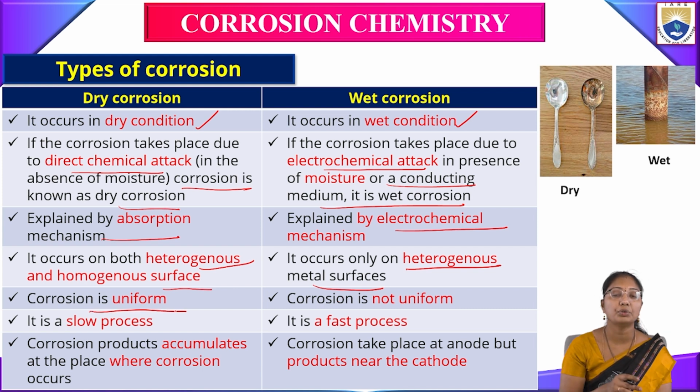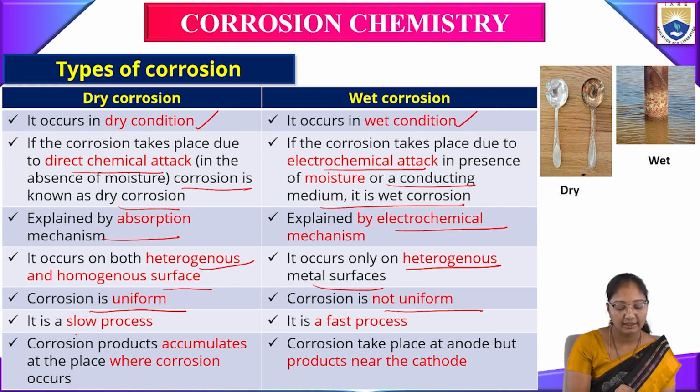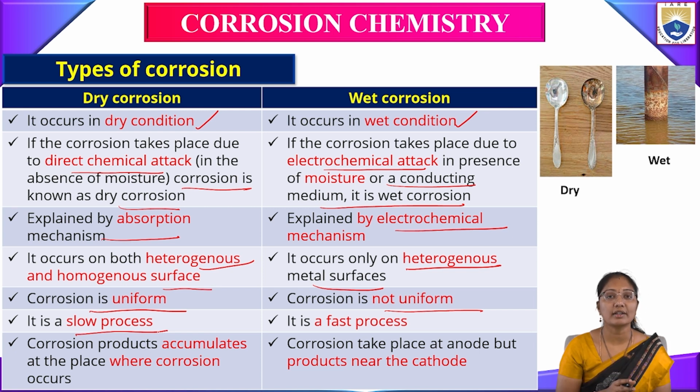In dry corrosion, the corrosion is uniform all over the metallic surface. In wet corrosion, the corrosion is not uniform because it may occur in any part of the metal. Dry corrosion is a slow and uniform process, whereas wet corrosion is a fast process and not uniform.